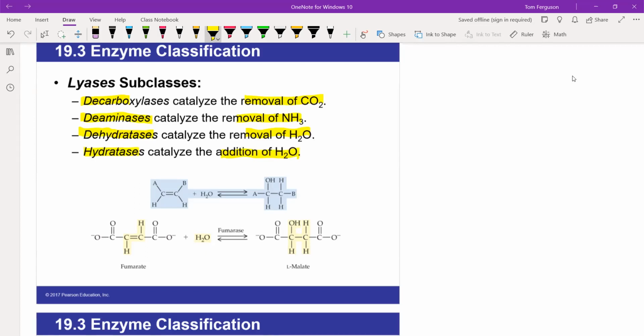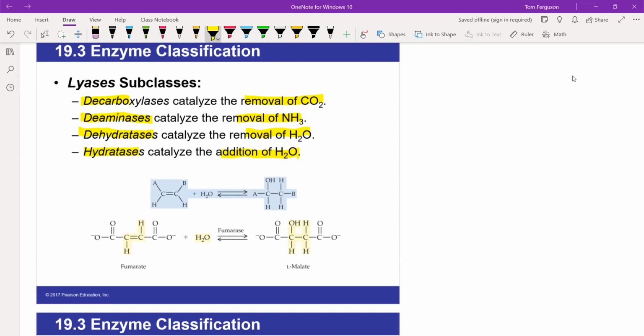So in this case here, we have a double bond and we're adding water. This is just like unit 1 reactions, only this time it's with an enzyme. So you have fumarate, which is a diprotic acid with an alkene in the middle, this double bond.